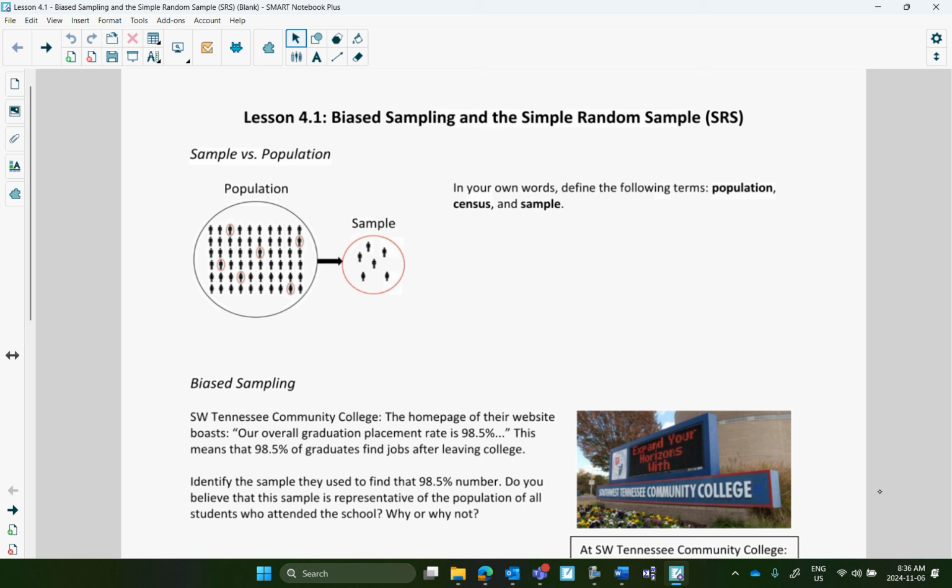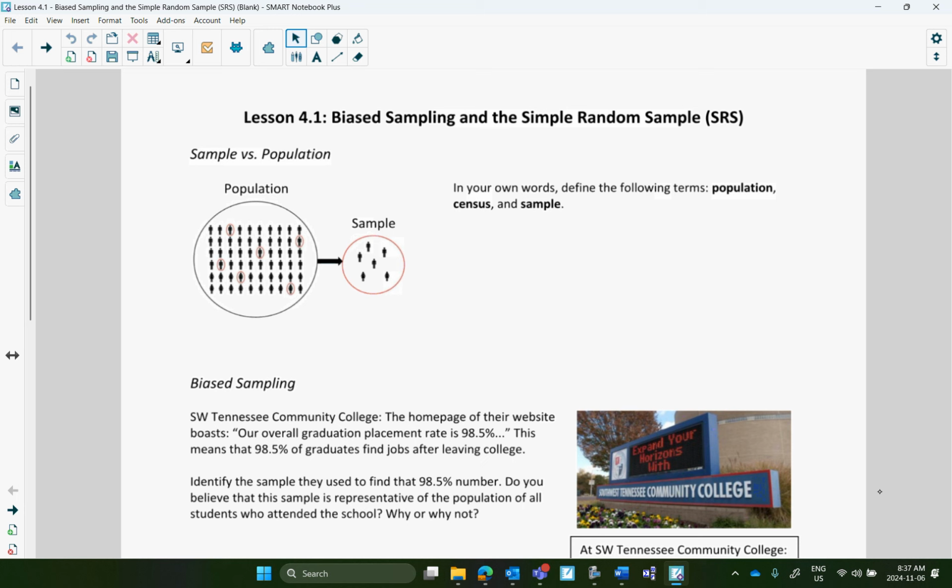when we want to know something about a group of people, we identify the group of people as a population. Okay? And when you think of population, don't just think of population of a whole country or population of the world. It could be population of BH students.